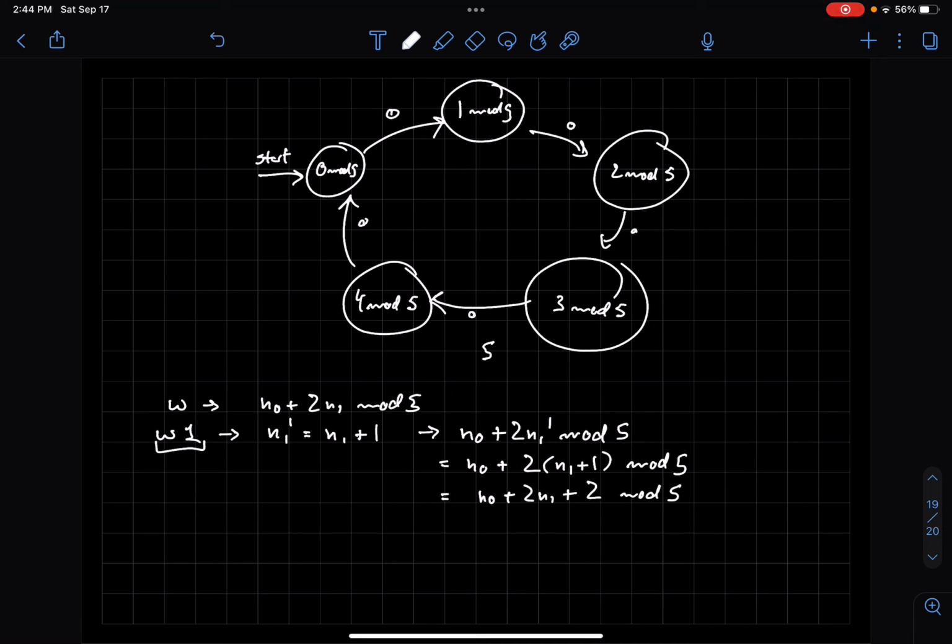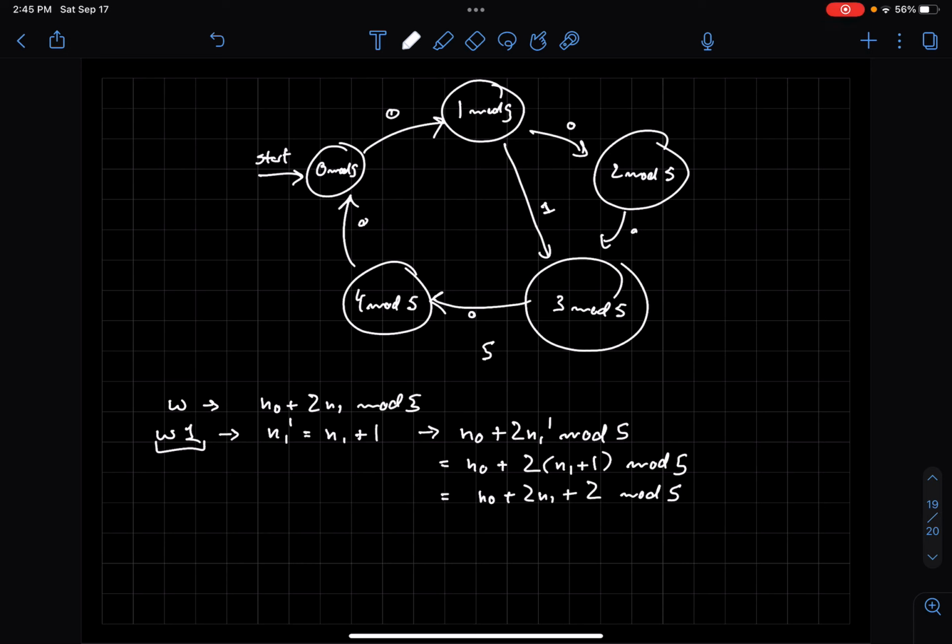So what does this mean? This means that if I'm in some state, I'm going to transition not by one, but by two. For example, if initially I was in 1 mod 5 and I read another 1, then I'll go into 1 plus 2 mod 5, so 3 mod 5. Actually, I should have started with 0, probably the clearest one.